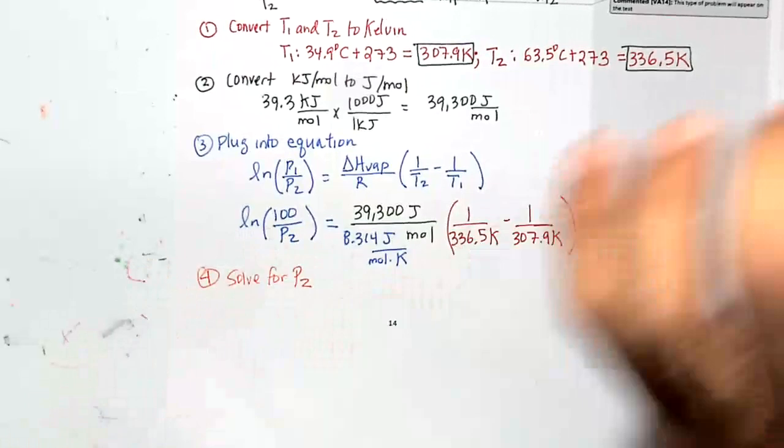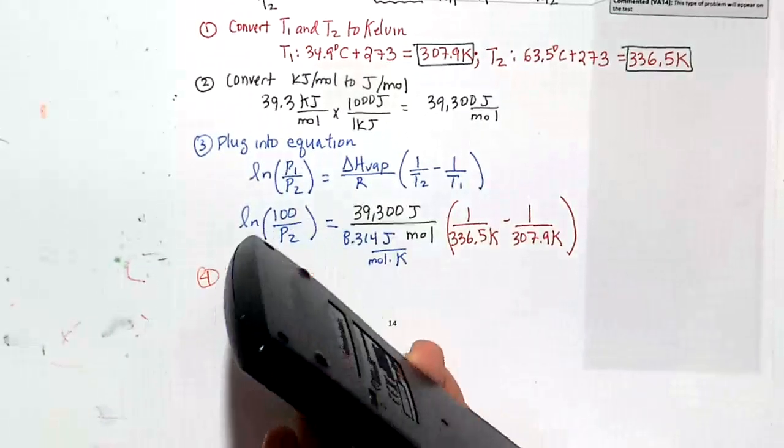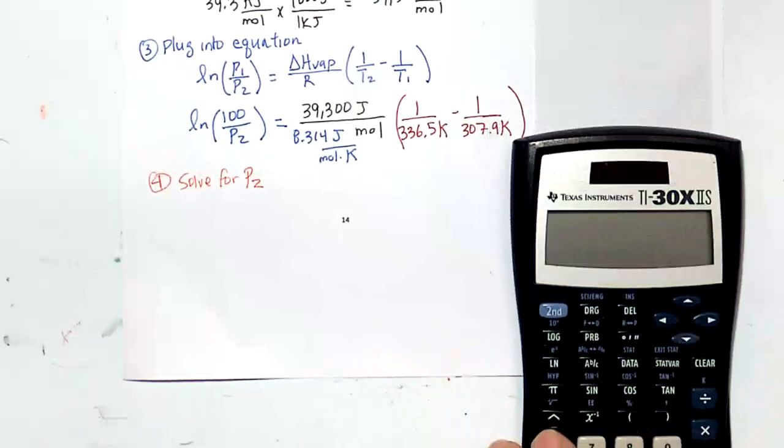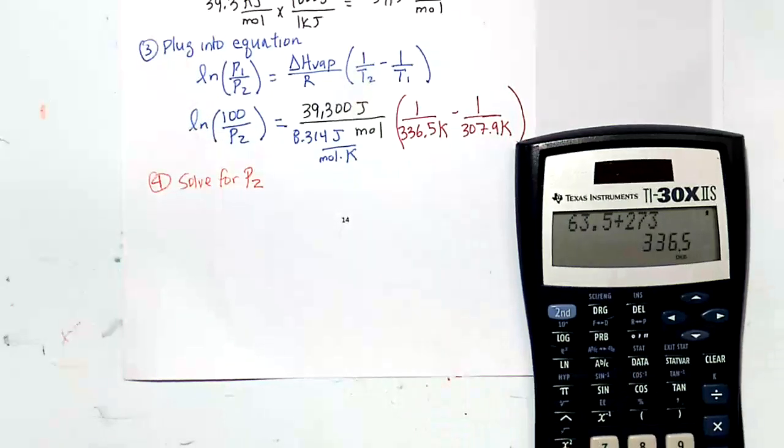We want to get that P2 out of the natural log. If you have any issues or trouble, just speak up. Here's how I do it. There's many ways to do it, and I'm showing you my way. If you have another way that gets you the same answer, perfectly fine.